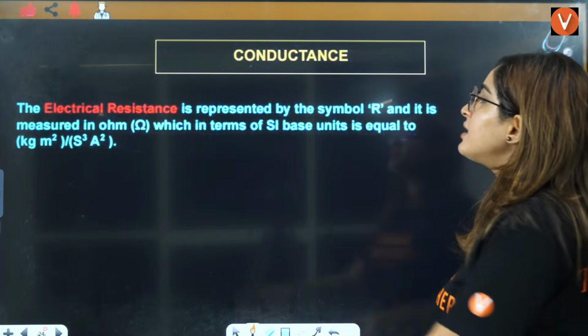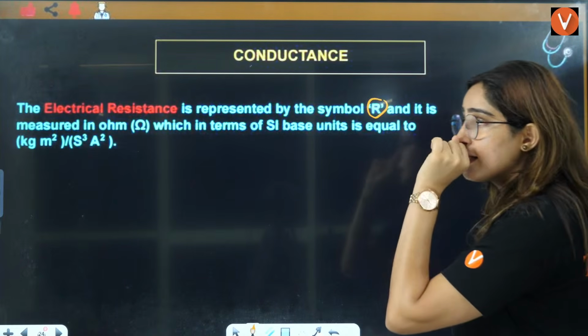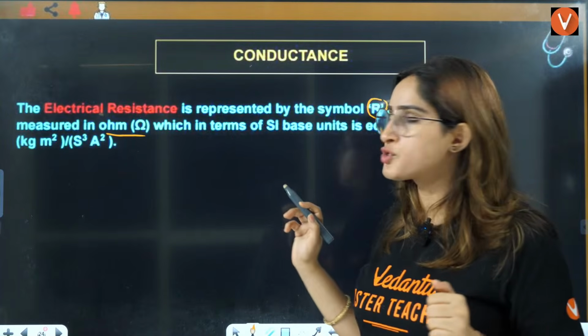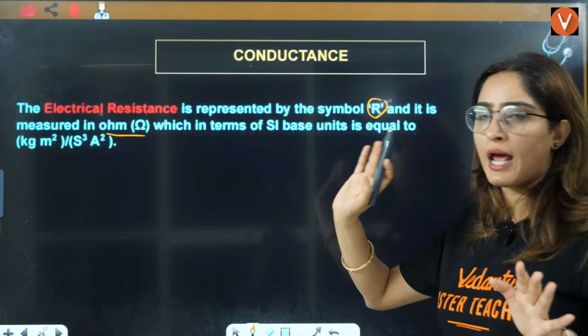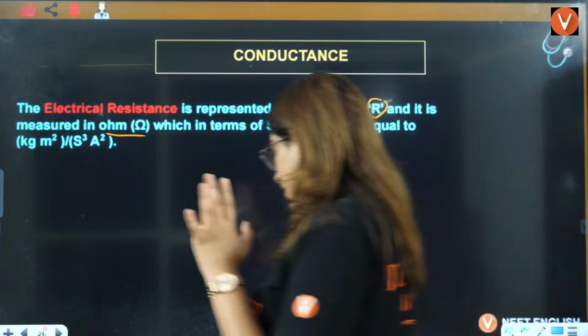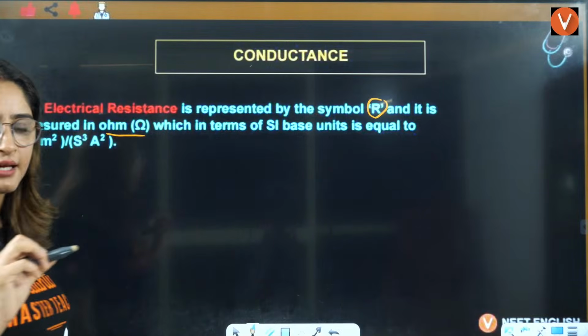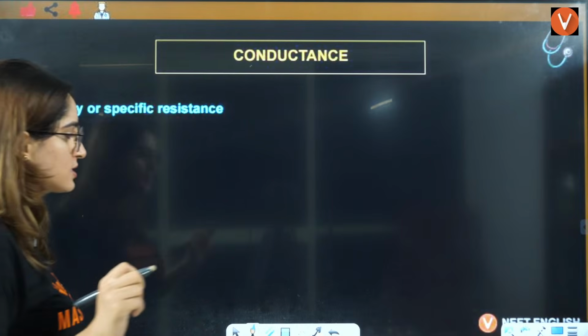So electrical resistance is represented by the symbol capital R, and it is measured in ohms. This you must have heard in physics also, right? And in terms of SI base unit, it is equal to kilogram meter square. That you don't have to know. Now, tell me what is resistance and resistivity. Let's talk about specific resistance.